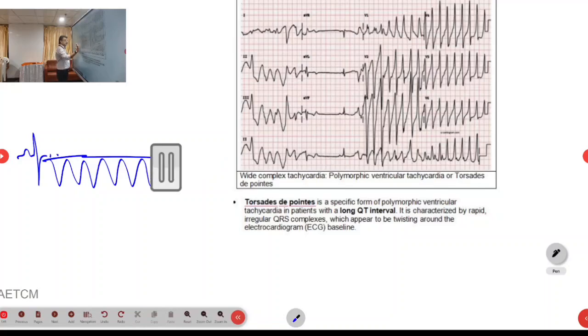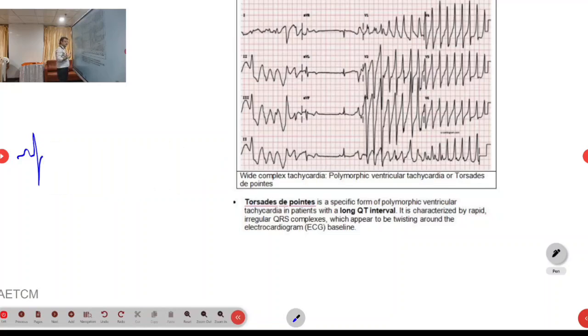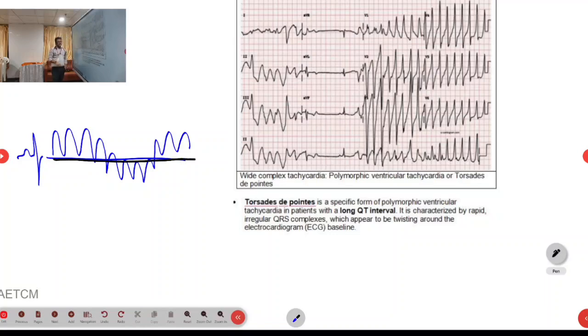But Torsades de Pointes is a slightly different type of VT. This is the baseline, so it will be like this. Some complexes will be positive, then some complexes go to this side and are negative, then again it goes positive. This is called twisting around the ECG axis. So you can see some are negative, some more negative, then some are positive going this side, again on the same side. So they twist around the axis.